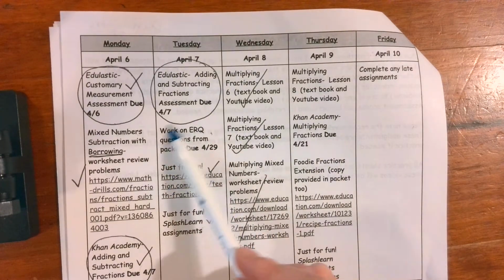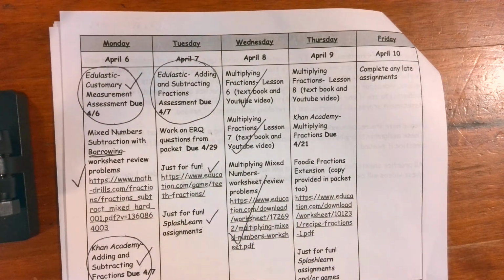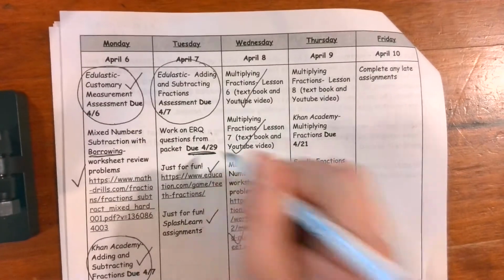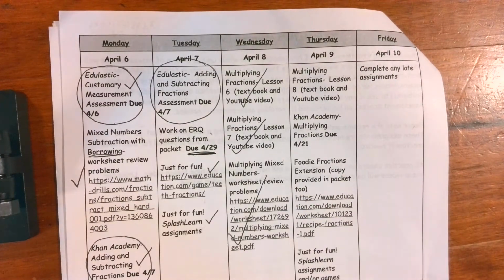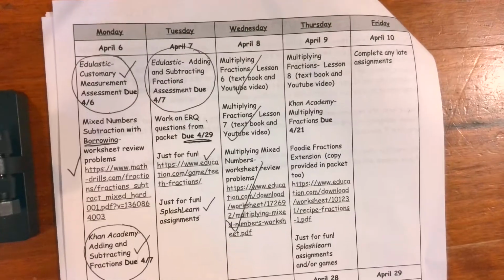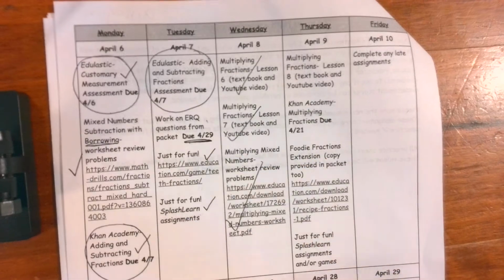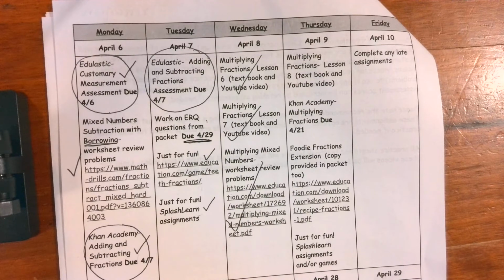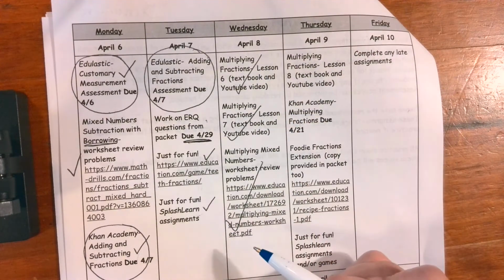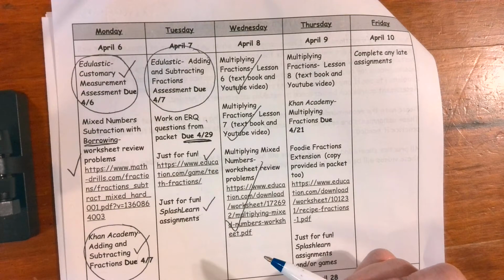You are working on your ERQ questions, maybe 1 or 2 every day. They're not due until the 29th. You have tons of time to work on them. Just do 1 or 2 a day. You've maybe gone to Splash Learn to play some games. You've worked on multiplying fractions, and you've done the homework if you need a little bit of extra help.